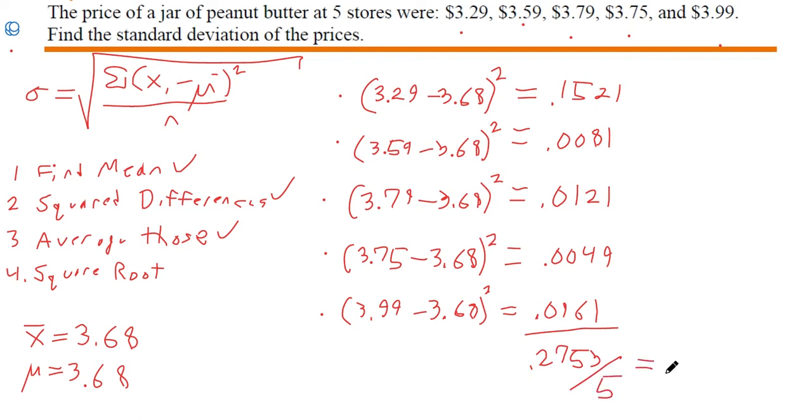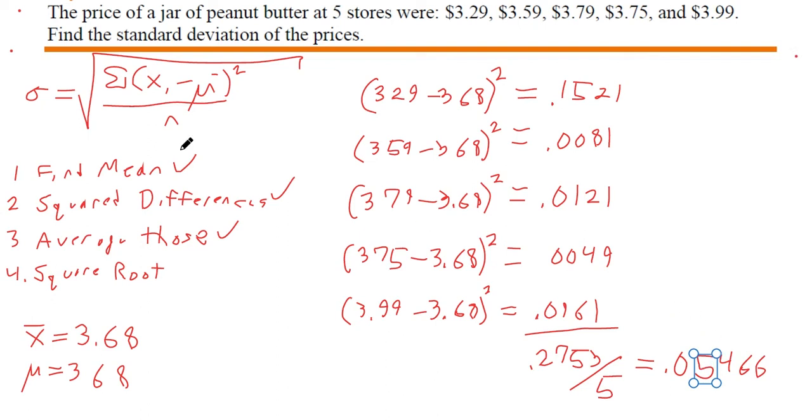We get 0.05466. So that would be the average of the squared deviations.